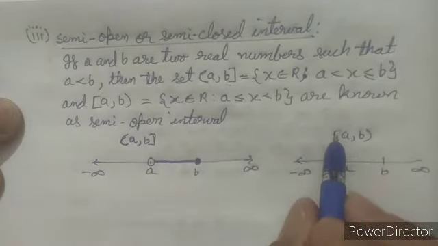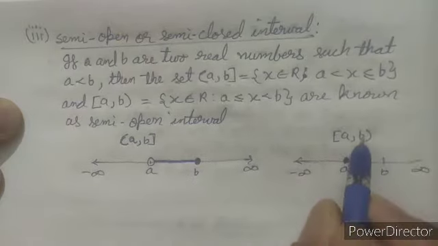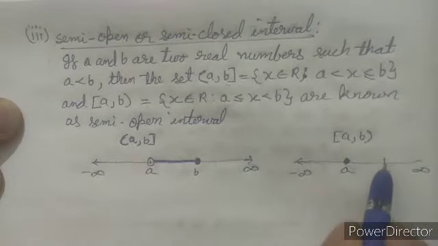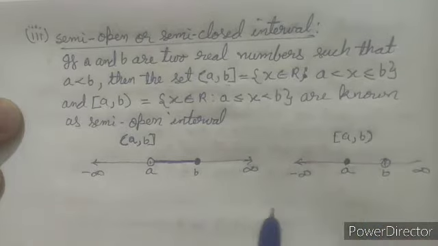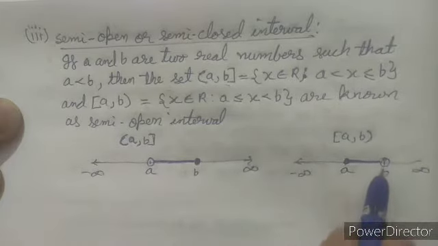Similarly here a is in closed bracket, that means a is included in the set, and b is in open bracket, that means b is not included in the set, and on joining these two we will get all the real numbers from a to b.